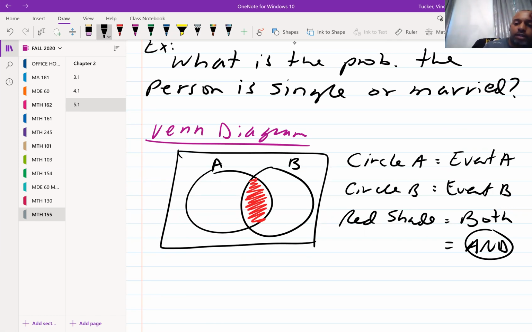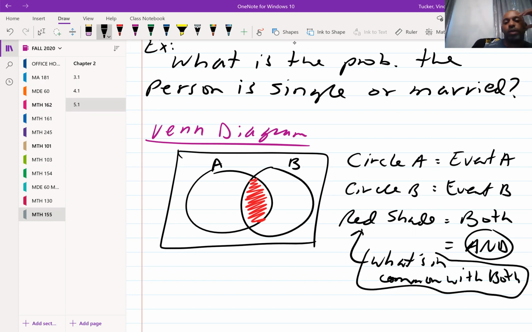That's what they have in common. The red shade just represents what's in common with both.